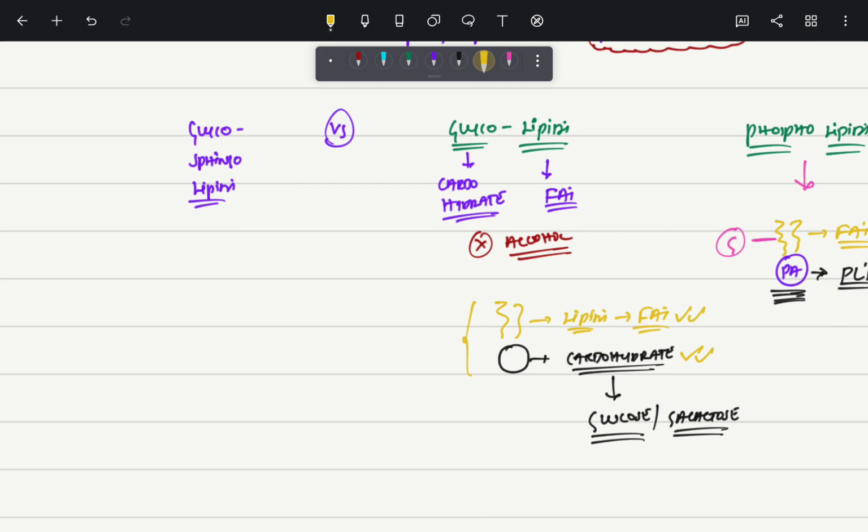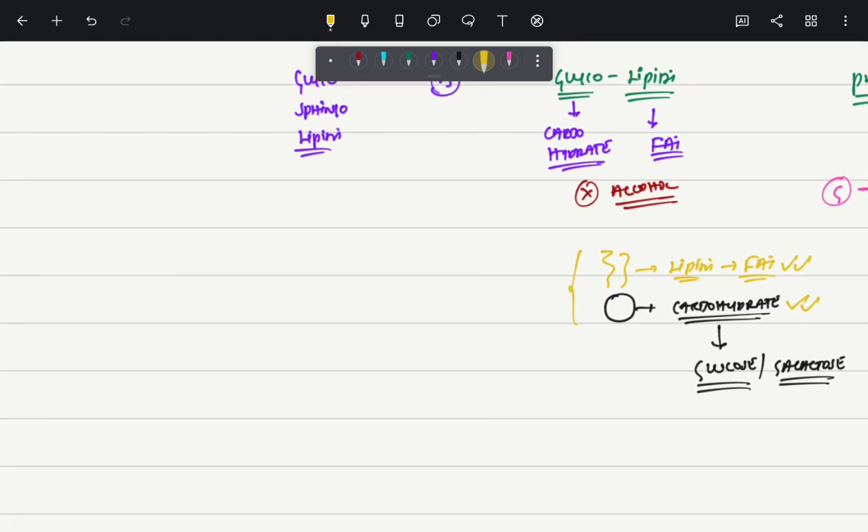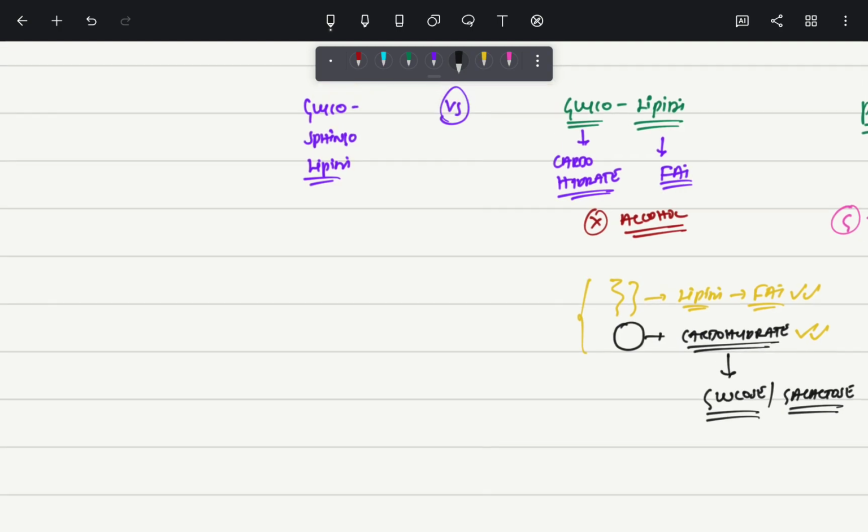Next we are going to talk about the glycosphingolipids. We are going to see the structure of glycosphingolipids. As the name suggests, I will draw this clearly here so you guys will understand. As you guys already know, glyco means carbohydrate.